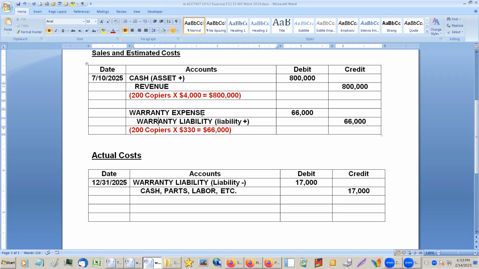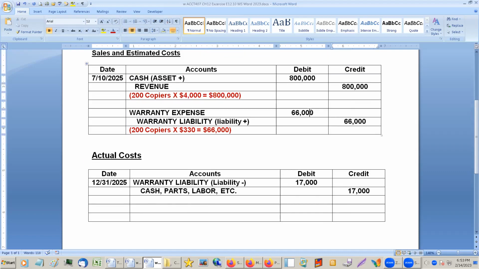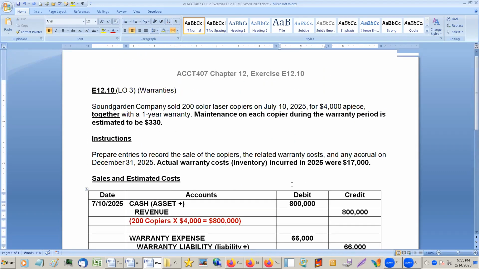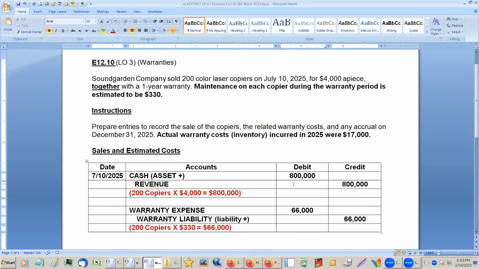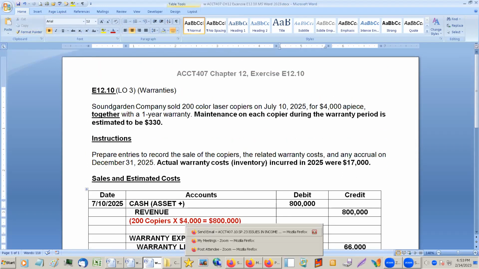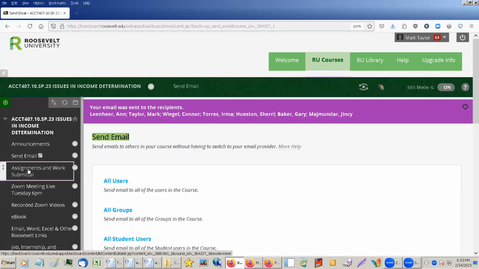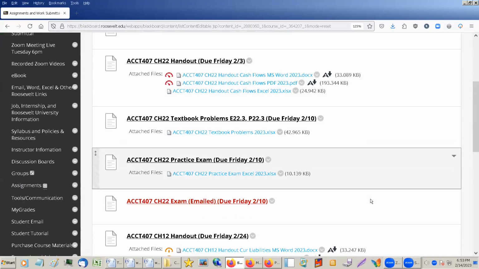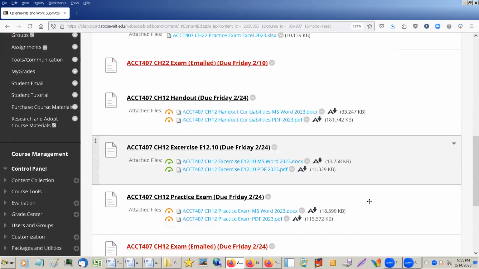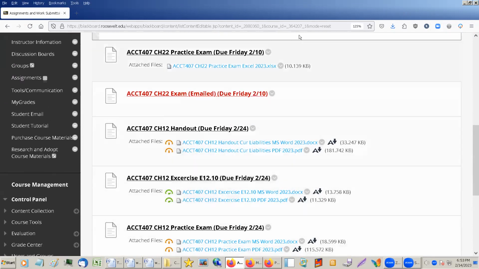Yep, so we've worked off 17,000 of the warranty, and we can figure out how much is left. It doesn't ask for it, but anyway, that's E1210. So save that. I'm going to check and make sure I have that in as an assignment. All right, so we got 2 of those down.